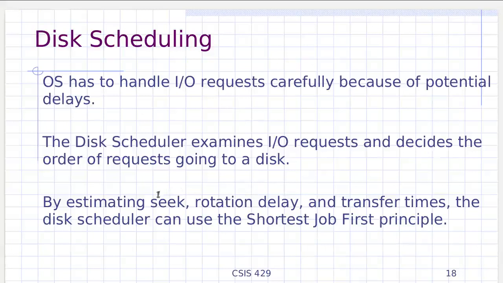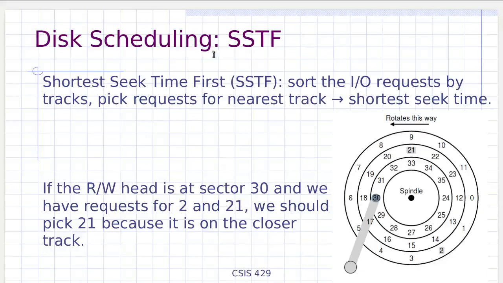And so by estimating these things, the disk scheduler can use a good approach, and a good one is the shortest job first principle. Get the shortest jobs done first. And so that will give us SSTF, or shortest seek time first. If you just sort the I/O requests by tracks, so go in the order of tracks.